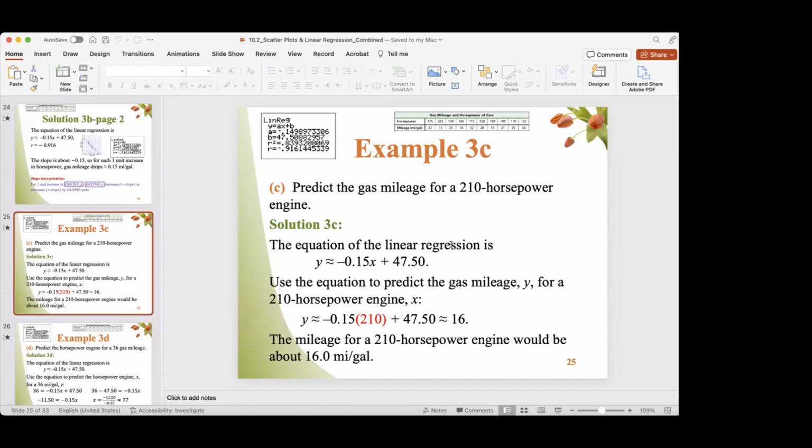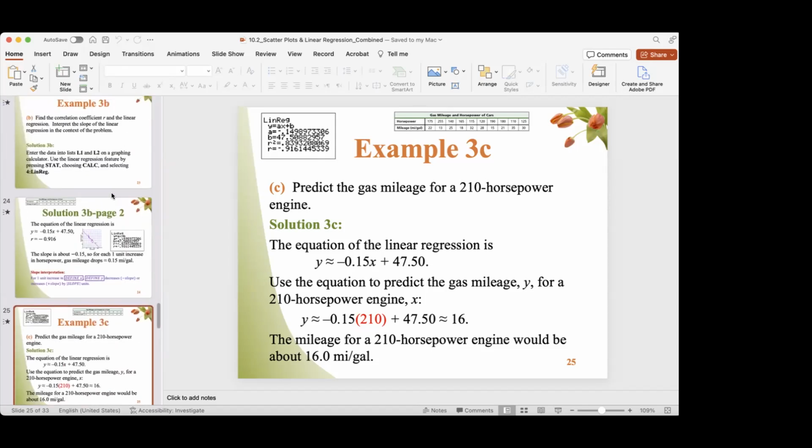Yeah, this is the equation that you end up from the calculator, okay? So you write your equation. On part C, I gave you, it says predict the gas mileage for a 210 horsepower engine, okay? You know that the horsepower was our X because we put them under list 1. So your X is 210. Okay, you have to see what I have given you.